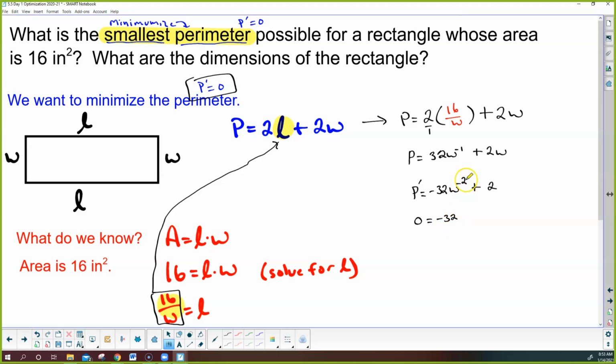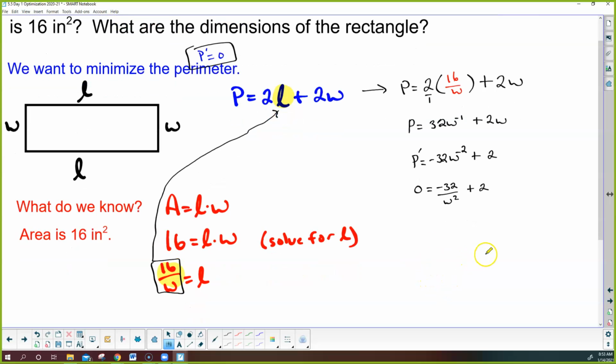I'm going to do one thing here, because now I took the derivative. I'm going to rewrite this where the W to the negative 2 is underneath. Because this is a negative, I'm going to add it over to the other side just so we start dealing with positives.